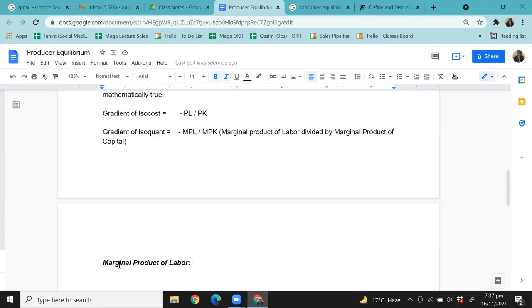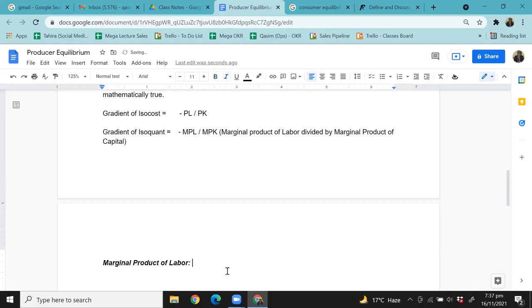Marginal means additional and product means output. We will be using this term very frequently later on in the syllabus as well. So do remember at this stage that marginal is additional, and product means output. Is it making sense, students?